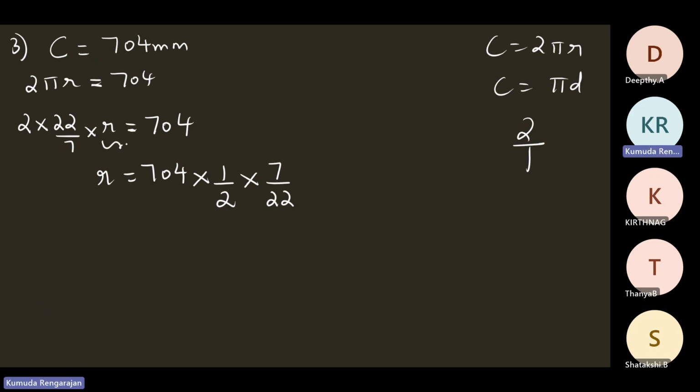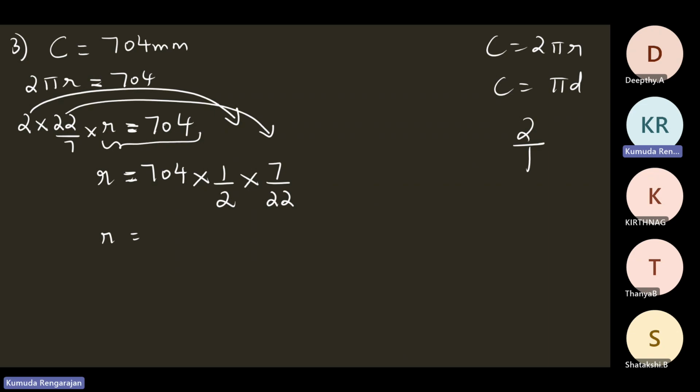So here r is equal to 704 into 1 by 2 into 7 by 22. So now simplify. Now you should cancel.